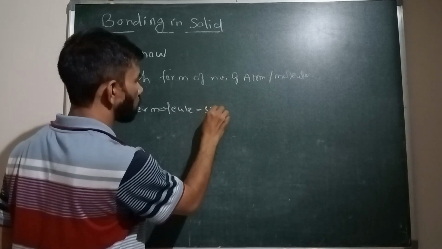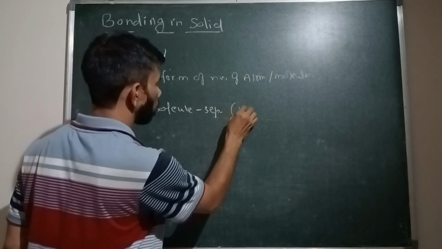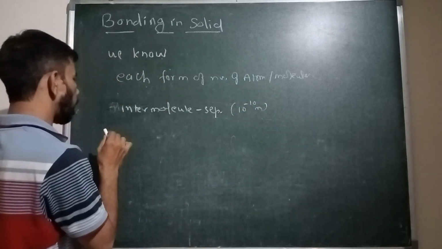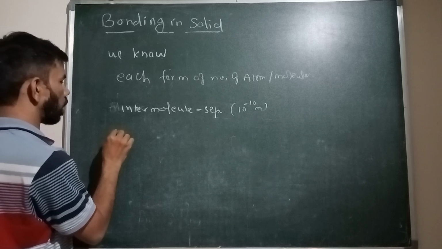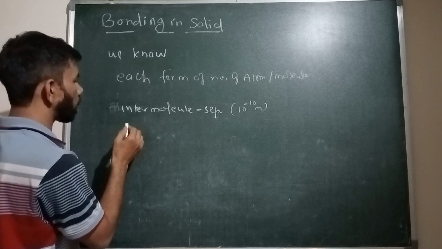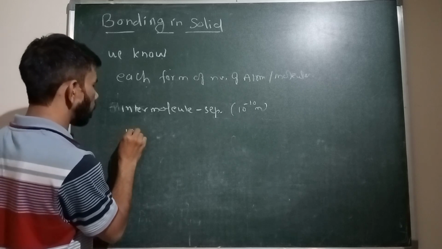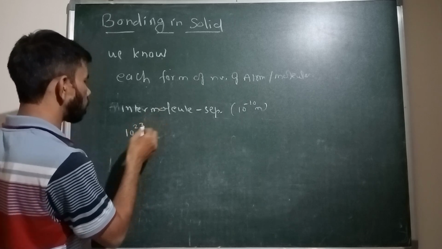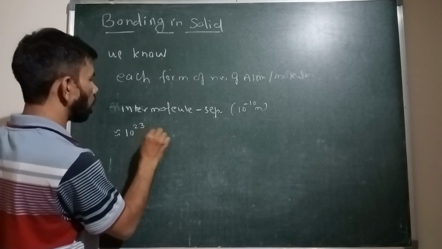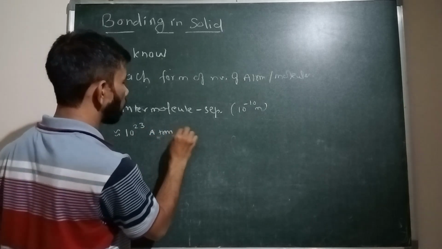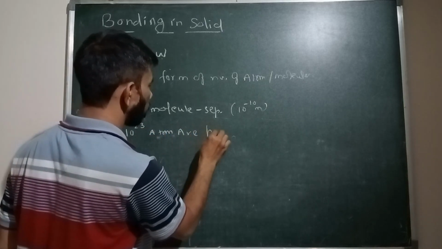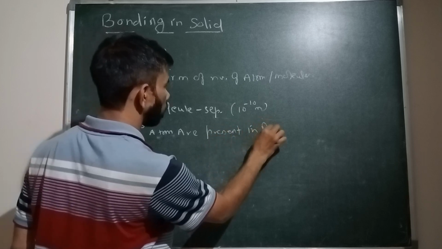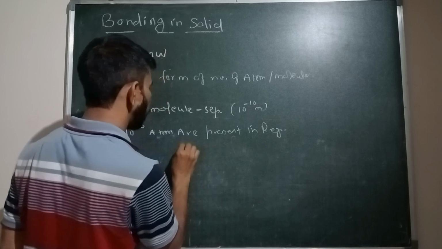separation or distance is in the range of 10 raised to power minus 10 meter, and in one atomic substance or atomic material, approximately 10 raised to power 22 to 23 atoms are present in a regular periodic manner.